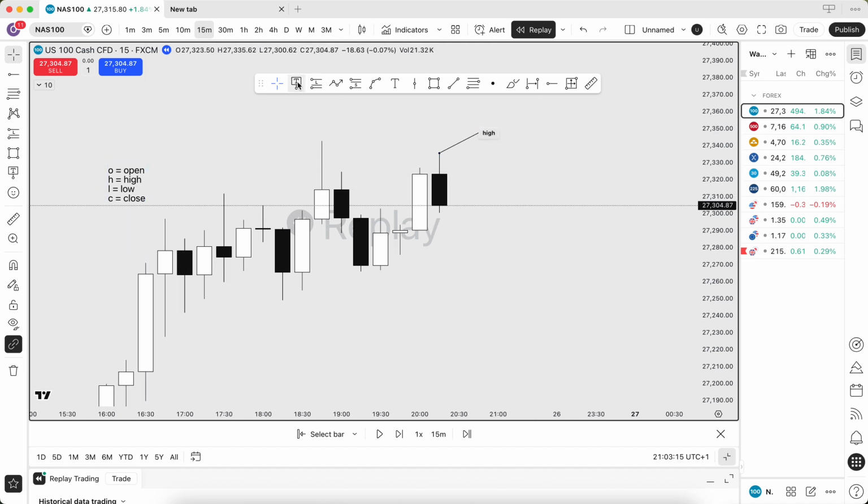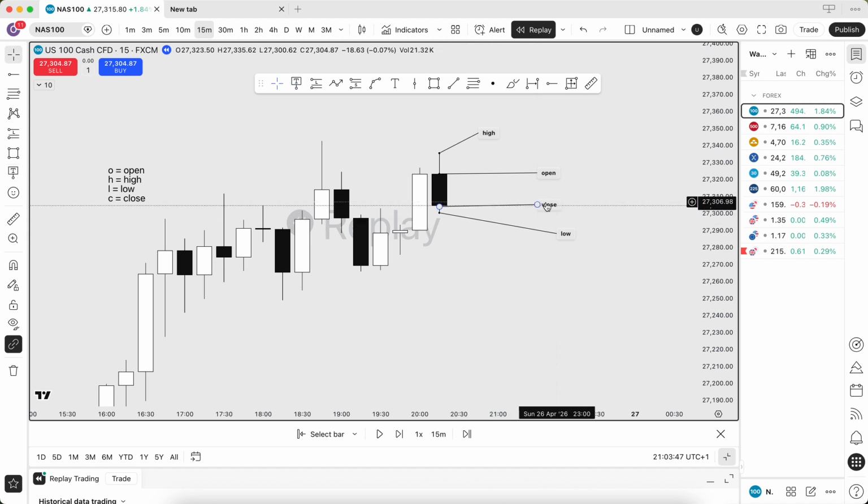This is the high. Here is the open. You see it is the open. The low, I guess you know where the low is now. This is the low. This is the close. This thing is the close.